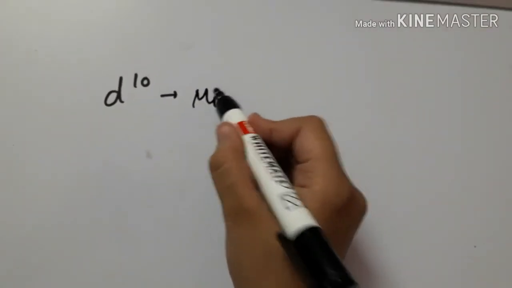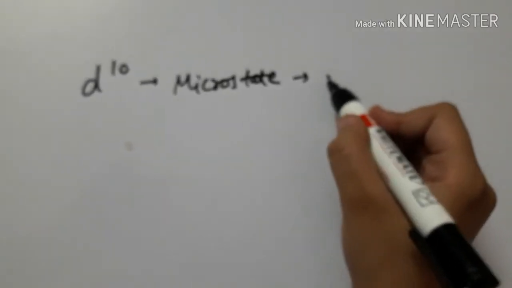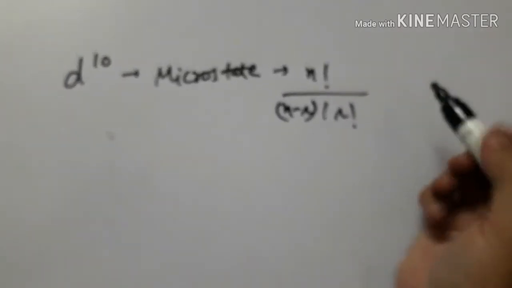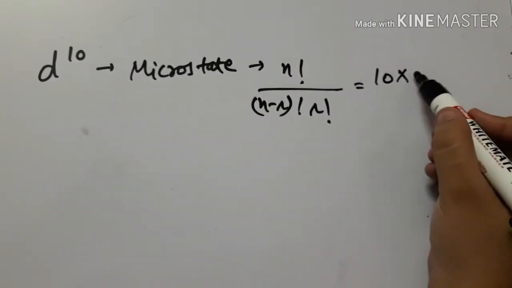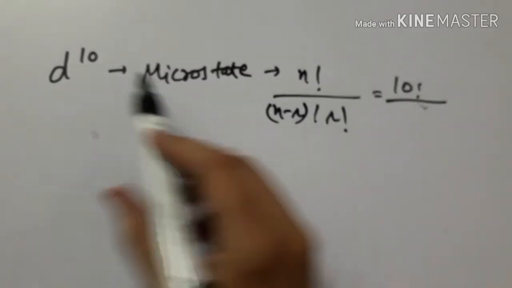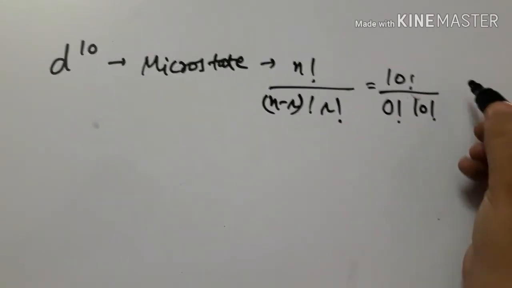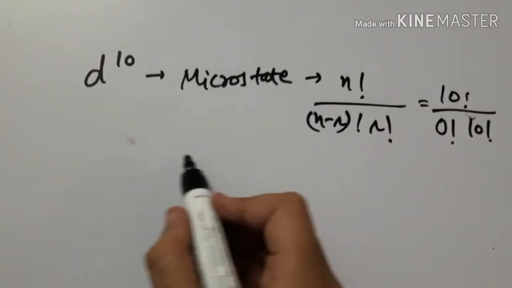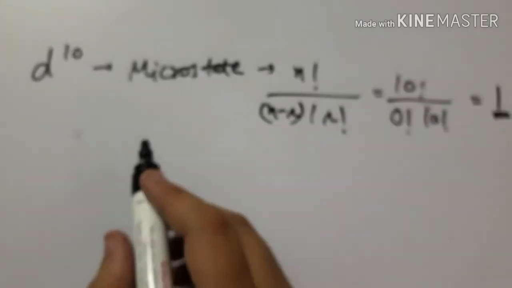So for microstate, the formula is n factorial upon (n minus r) factorial and r factorial, that is 10 factorial upon (10 minus 10), that is 0 factorial, and 10 factorial. So this is 1. So the microstate for D10 is 1.